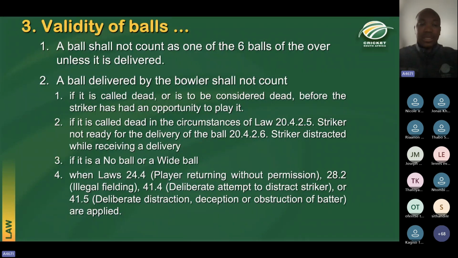When there is an instance of illegal fielding, that delivery will also not count as a legal delivery in the over. If there is a deliberate attempt to distract the striker, or there is deliberate distraction, deception, or obstruction of either batter, that ball will also not count as a legal delivery in the over.